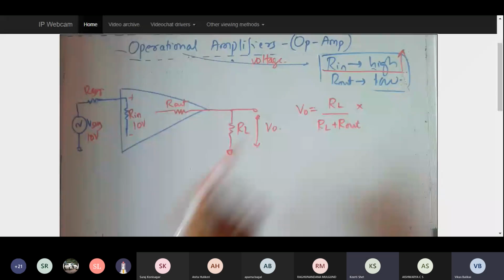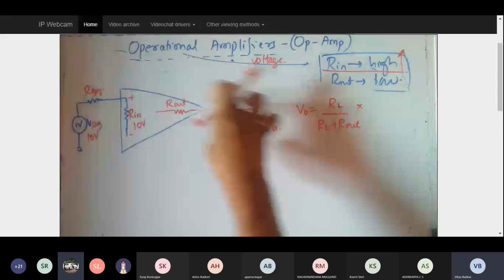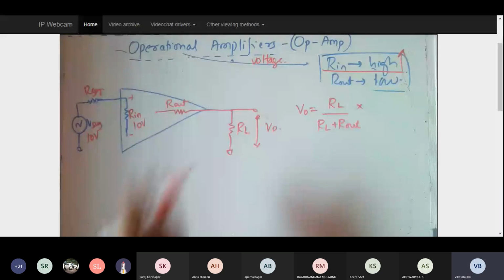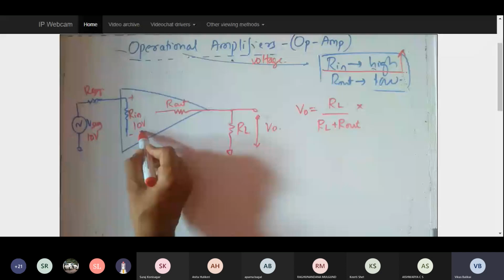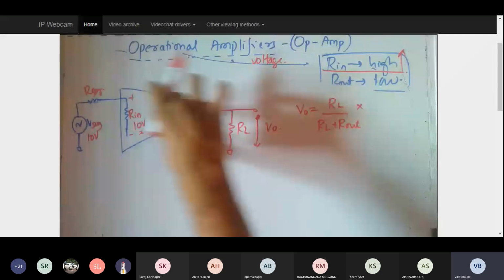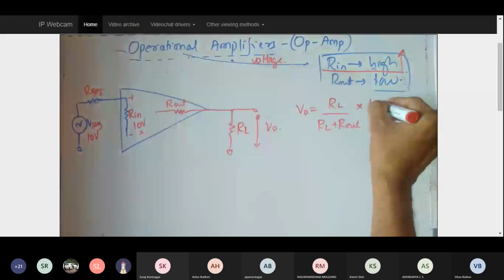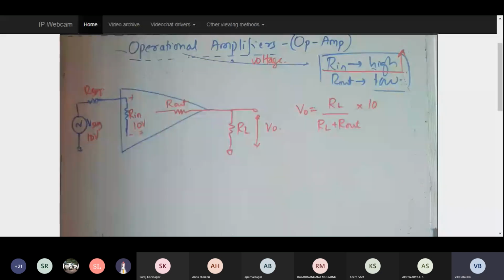The voltage that is entering this circuit. This 10 volts I'll be considering, so I multiply by that. Is that clear what I'm doing over here? Because this is the 10 volts that is entering this entire output circuit.